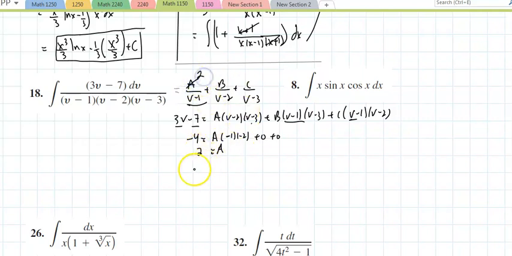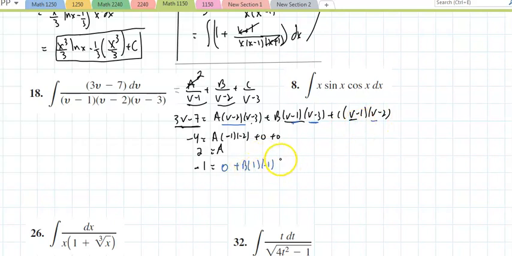Got it? I let v equal 2. 6 minus 7 is negative 1. If I put a 2 right there, that's a 0. If I put a 2 in for those two, that would be a 1, and that would be a negative 1, and that would be a 0.